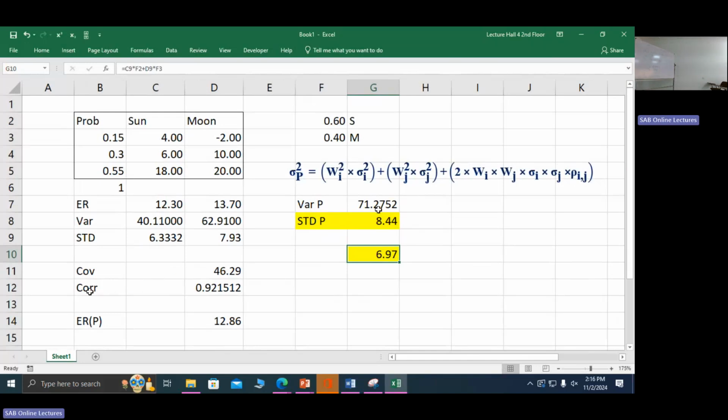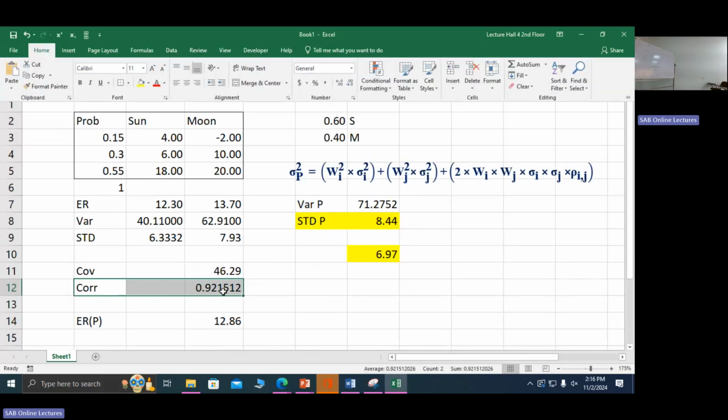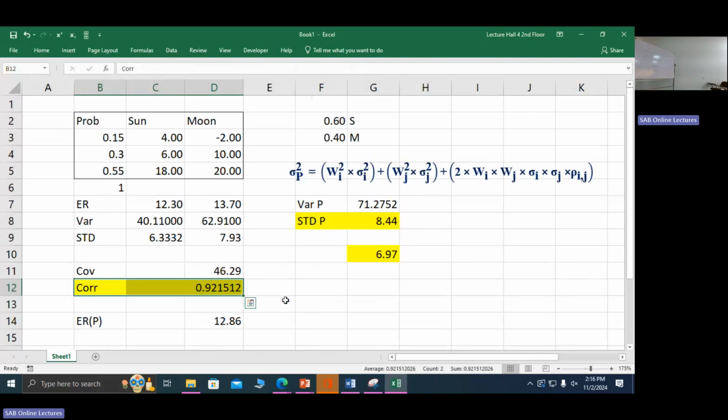Since the correlation coefficient here is 0.92, less than 1 still, therefore certain degrees of diversification is there. Portfolio standard deviation is 8.4. Weighted average standard deviation value is 6.97. What can you say about the diversification effect?